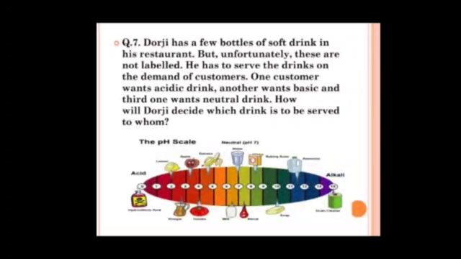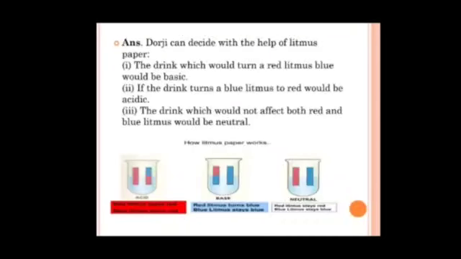On the basis of this property you can identify whether the drink is acidic or basic, or if there is no color change in both blue and red litmus paper, the substance is neutral. See what Dorji can do. He can put a drop of soft drink on a strip of litmus paper with the help of a dropper, and on the basis of the color turned on the paper, the nature of the soft drink can be found out.